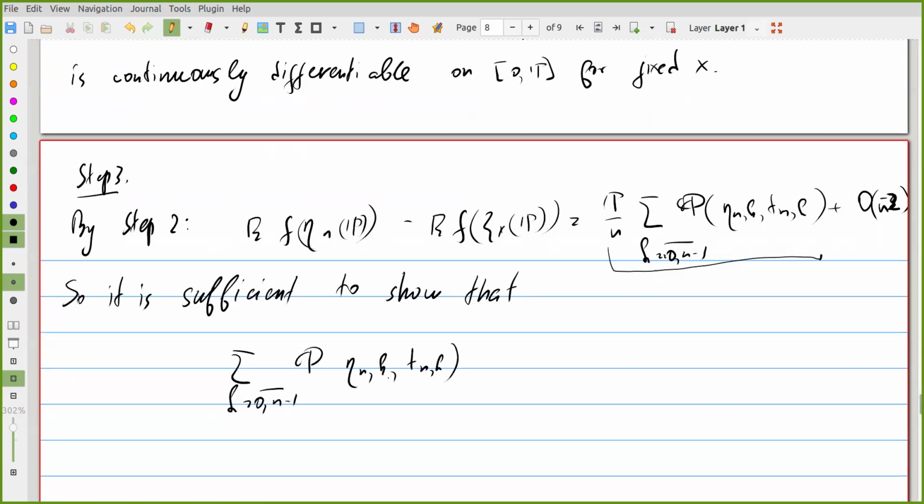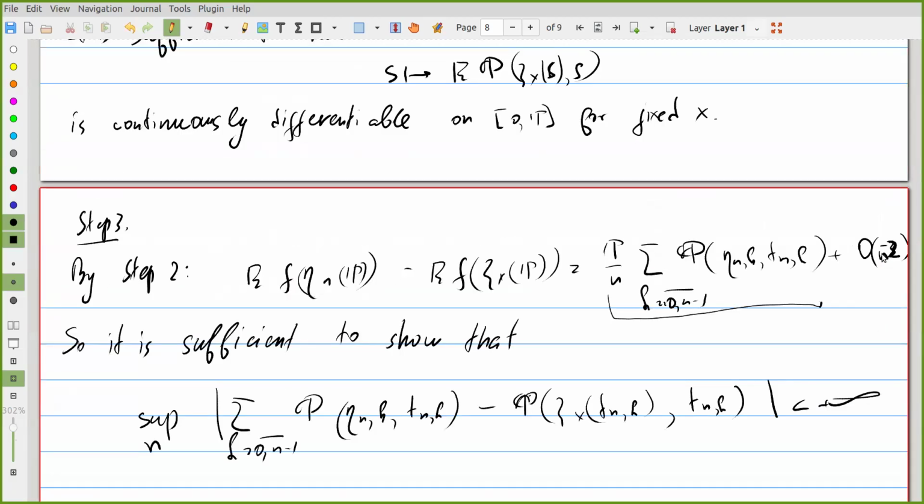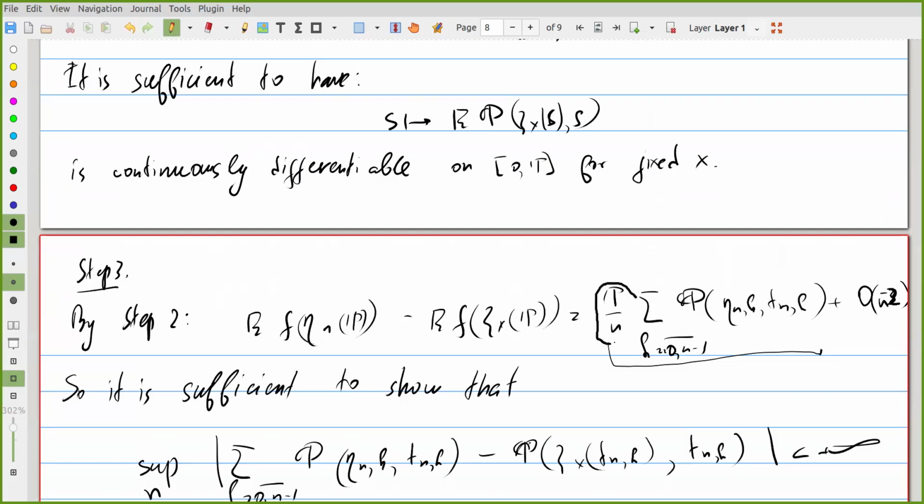T minus y psi x t and k is, it's effectively just sufficient that this is supremum and locally uniformly in x at least. Why? Because we have already one here.